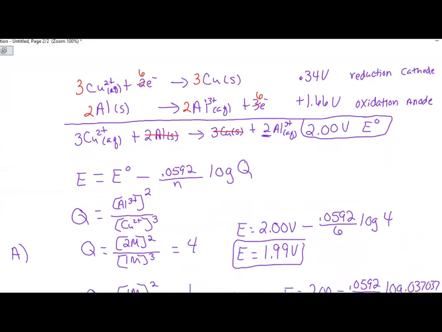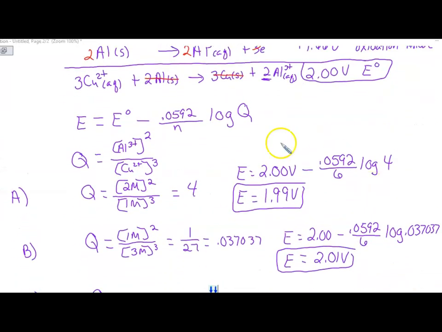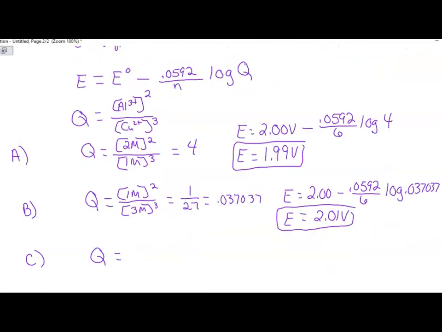Aluminum's going to go down, copper's going to go way back up. And let's see how that affects that. So aluminum we changed to 0.01, and that is squared. And the copper we changed to 6, and that is cubed.